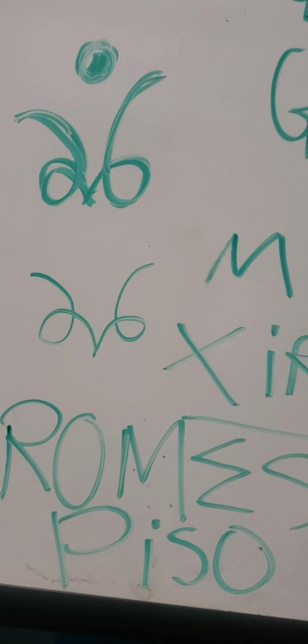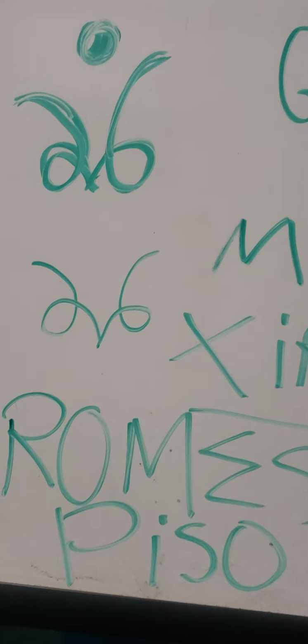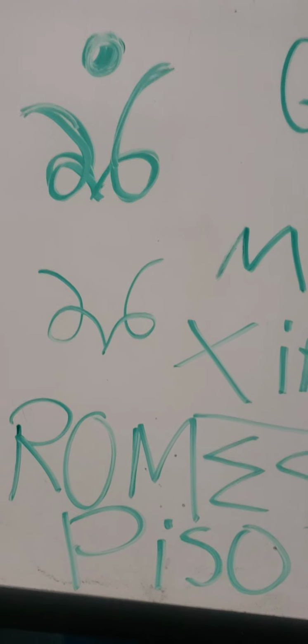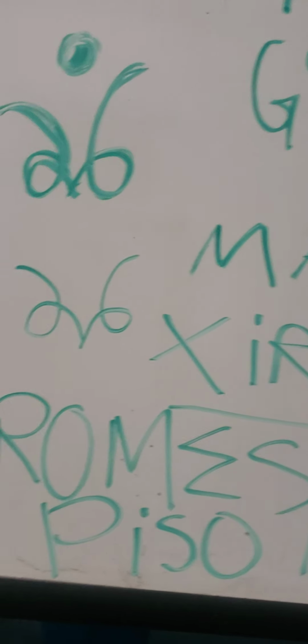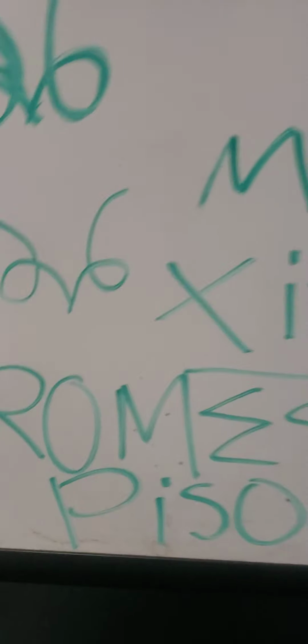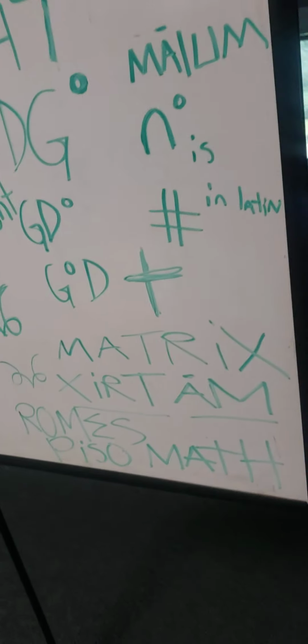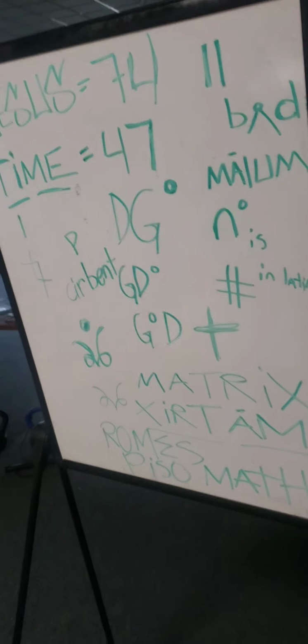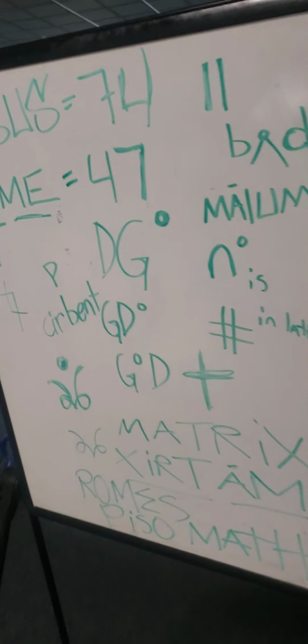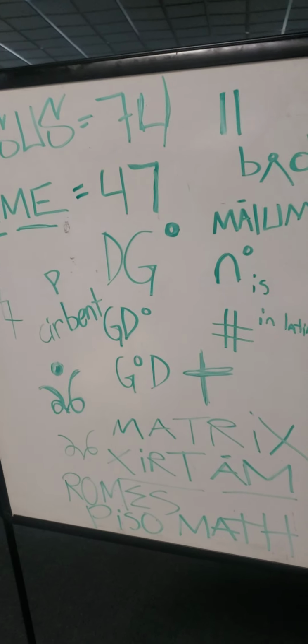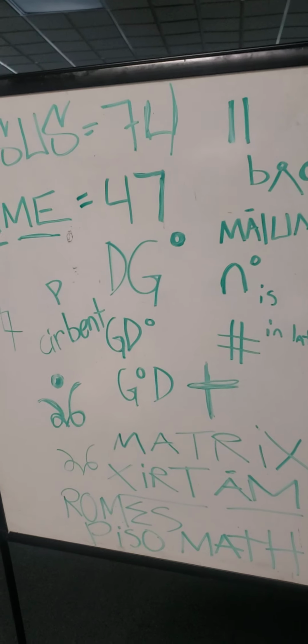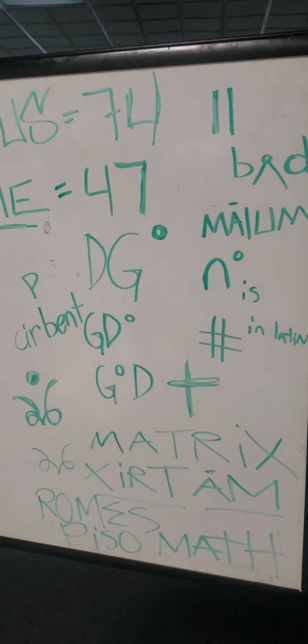Rome's Piso math. This is just what speaks to me, so I see it pops out. Just like when you got your third eye open, it just goes more with resonance of what speaks.